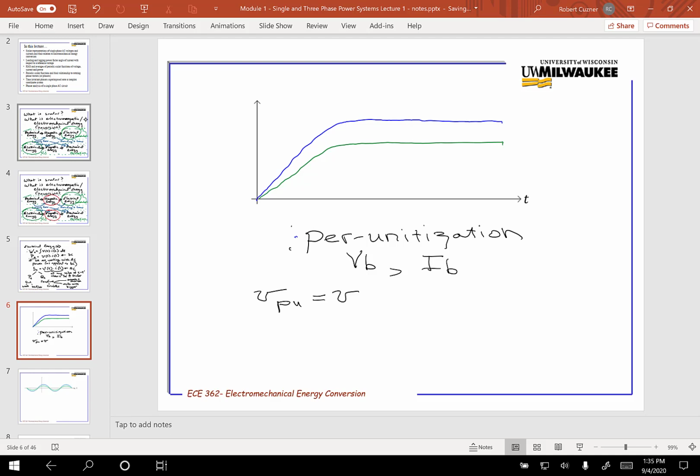And so the voltage V divided by V base is the VPU, and the IPU, PU meaning per unit, is the current divided by I base. And so what we're showing here is V per unit and I per unit.